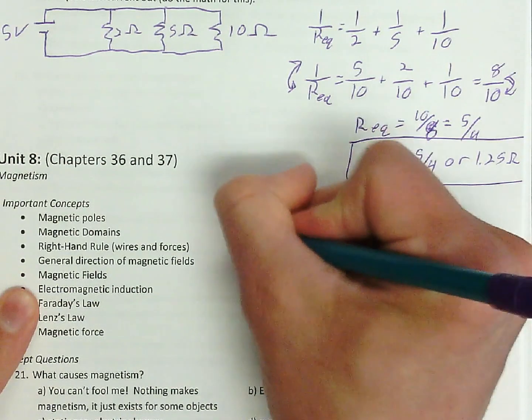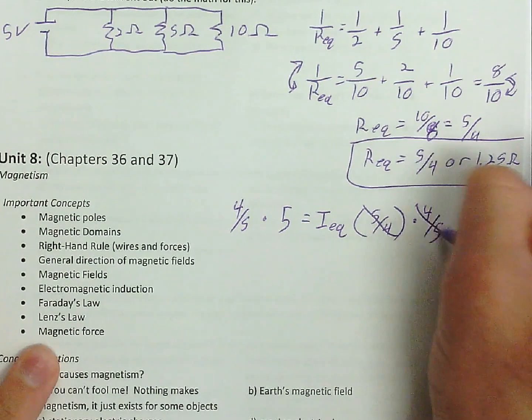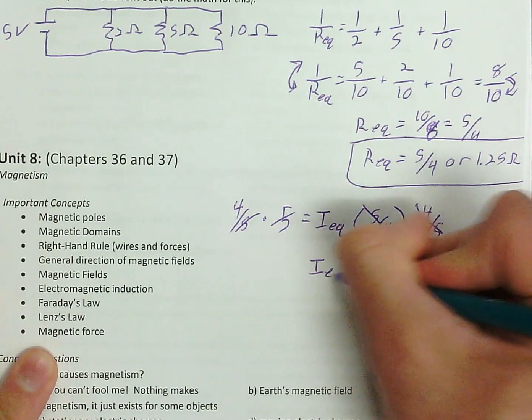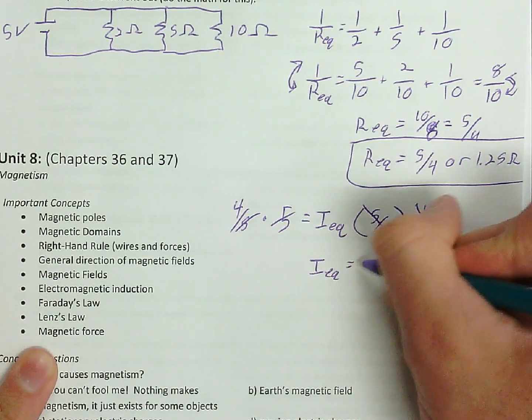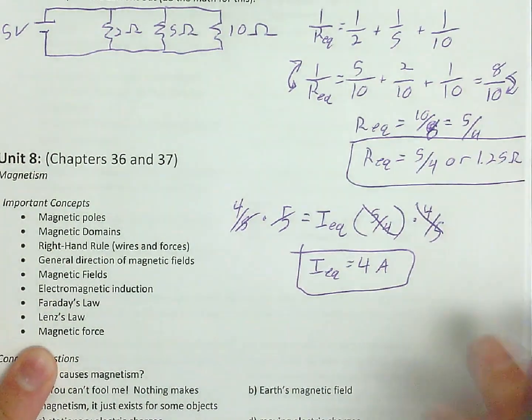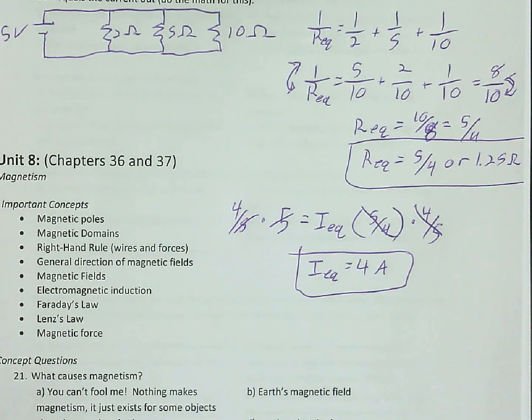So multiply both sides by the reciprocal. These cancel, the 5 goes away, and you get Ieq equals 4. Okay? So I've got the R, and I've got the I.